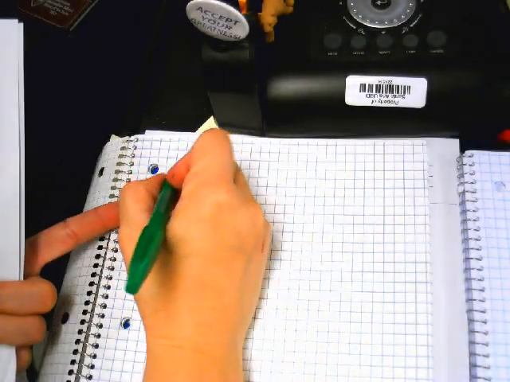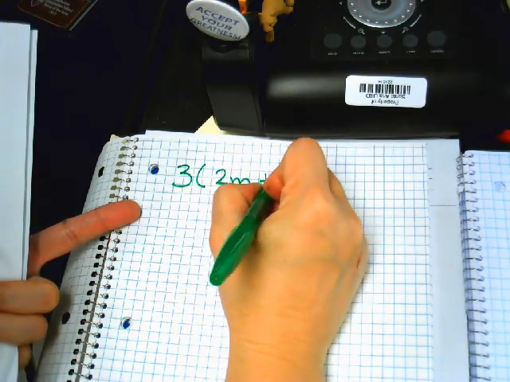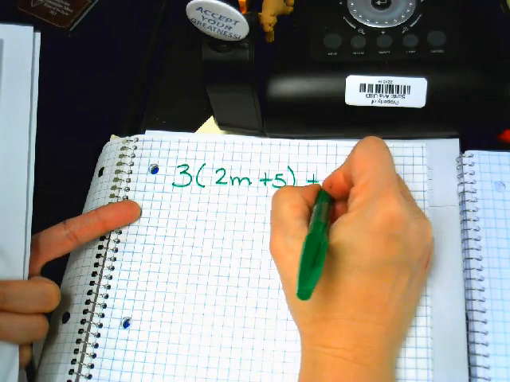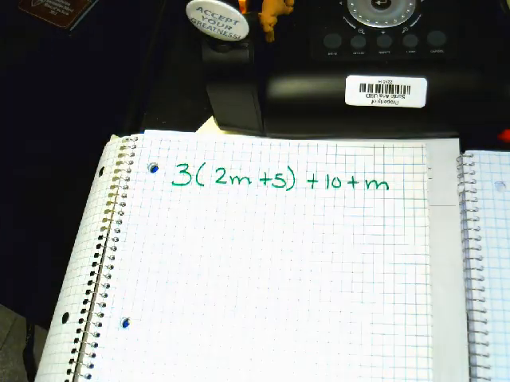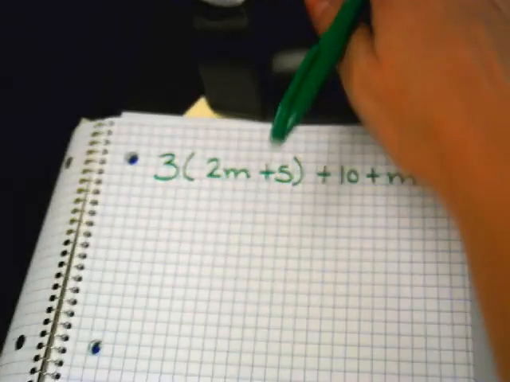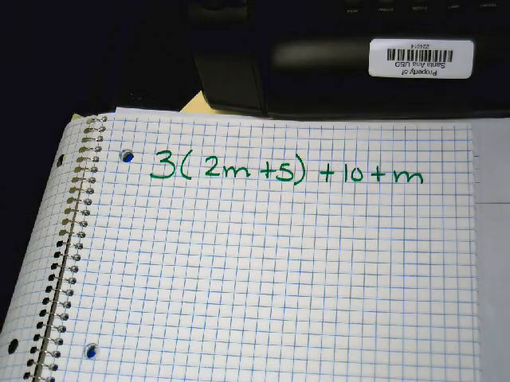Alright. 3 times 2m plus 5 plus 10 plus m. So carefully copy it down. Jaden, copy this down. When I look up, you should still be writing. That's how I know you're actually on task. If I look up and you're not writing, that means you're off task.